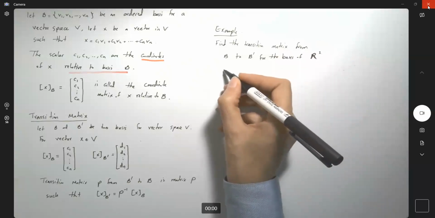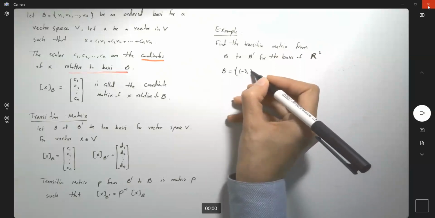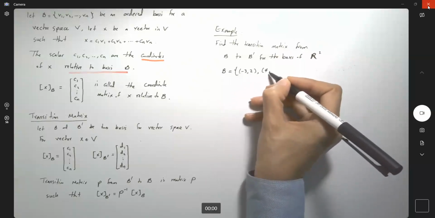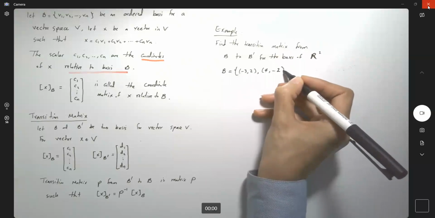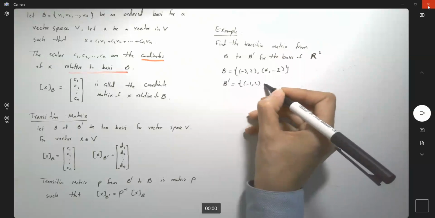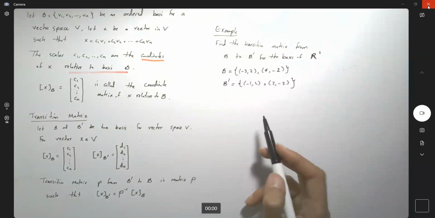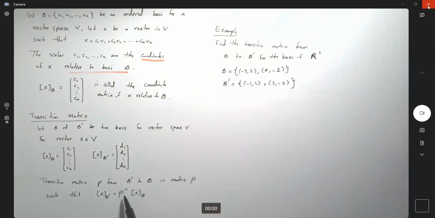B is given to us as (-3, 2) and the second vector (4, -2), and B prime is given to us as (-1, 2) and (2, -2). So we're trying to find the matrix that, when we do the product, gives us a relation between these two coordinate matrices.